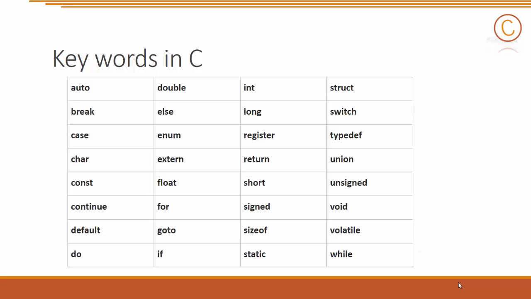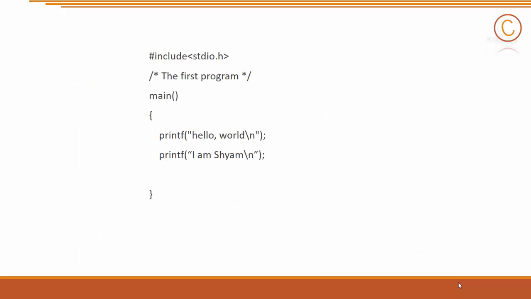Let us now look at a very simple C program to understand its basic structure. The first line of the program is a pre-processing directive, which is indicated by this #include statement. This causes the compiler to replace this line of code with the entire text of the standard input-output header file, which is called stdio.h.